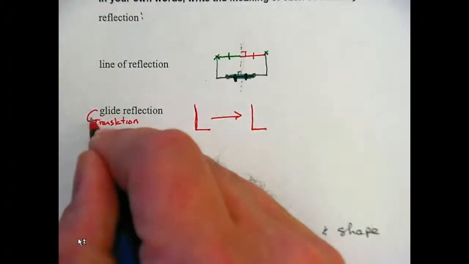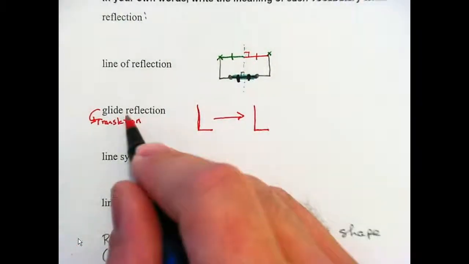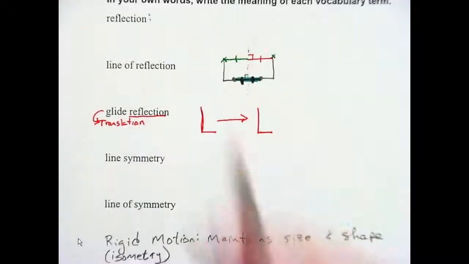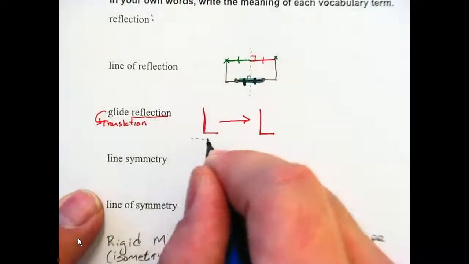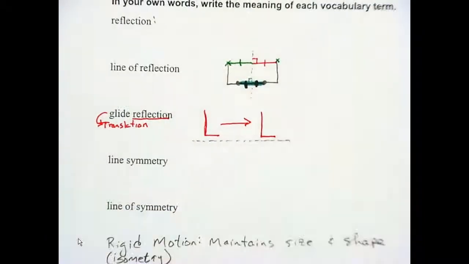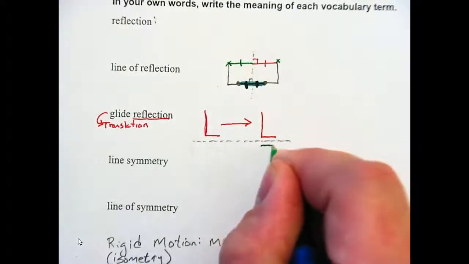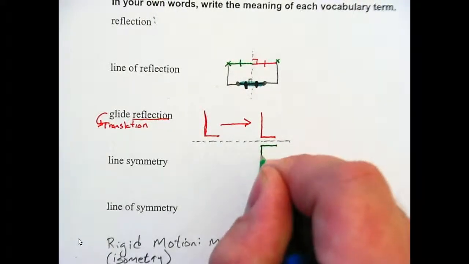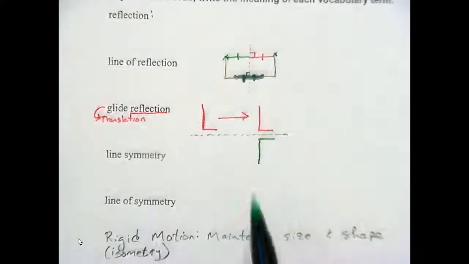Secret code word, translation. Okay? And then reflection is not a code word. It actually means reflect. You are reflecting. So now you actually have to reflect it. So let's say that's my line of reflection. I will now reflect my letter L across that line. I've got a glide reflection.